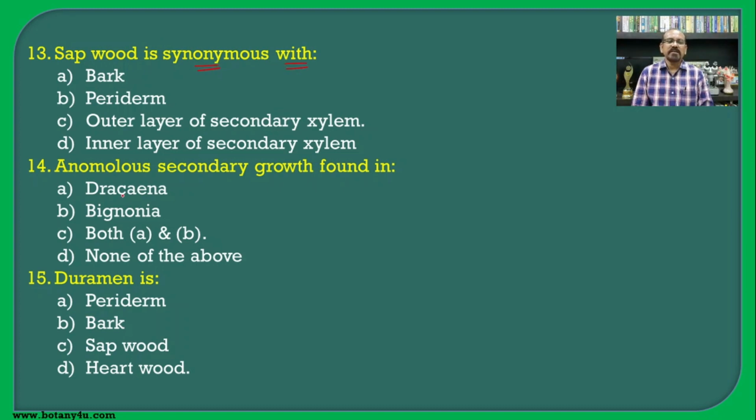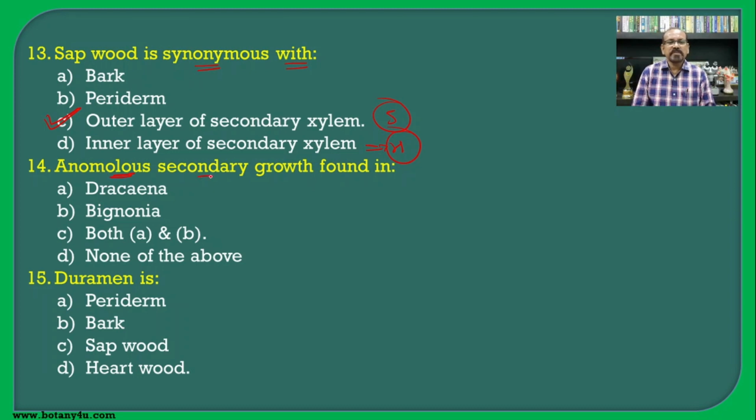So if we see the heartwood is the innermost layer and the sapwood is the outermost layer of the secondary xylem, and hence the outer layer of secondary xylem is also known as the sapwood, and hence it is the answer.